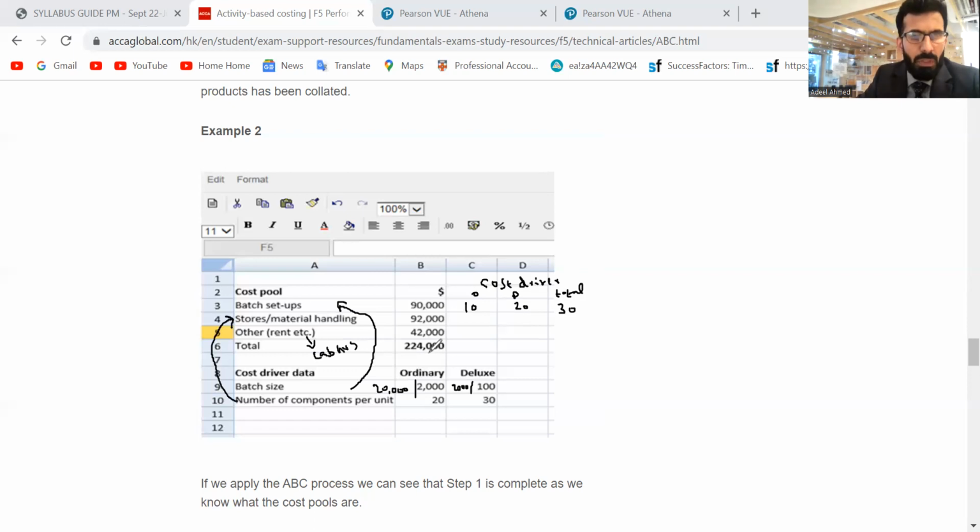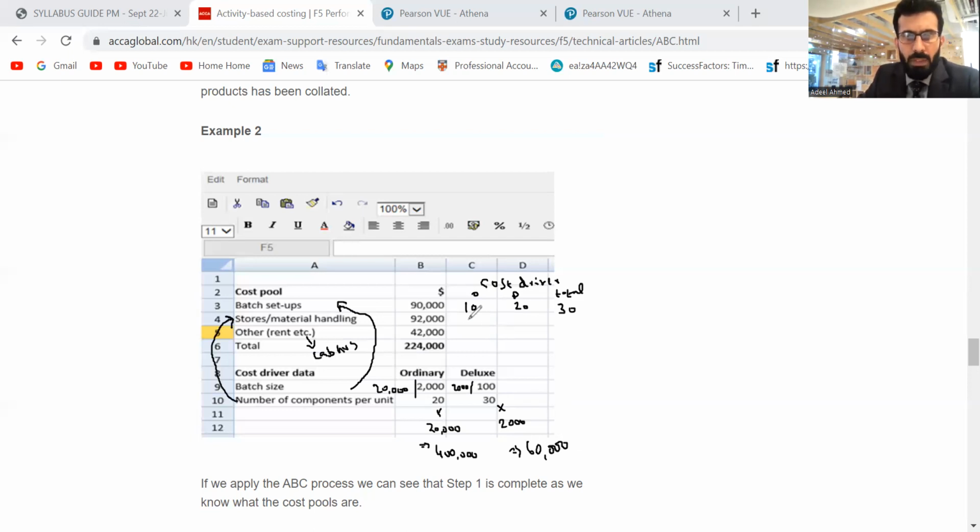And then we move on to the material handling, which is based on number of components per unit. Because we have been informed that total number of units for product ordinary is 20,000, it means that total components required for the production of product ordinary is 400,000, and based on 2,000 units for product deluxe, we have 60,000 components required for deluxe.